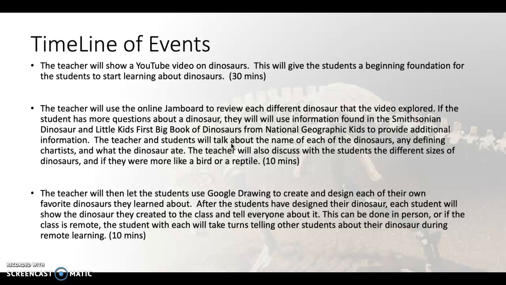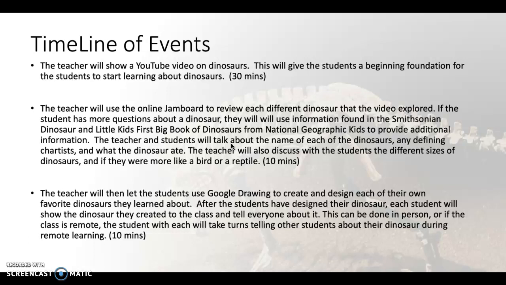And if the teacher actually needed more information, they could research and pull that information from the Smithsonian Dinosaur and the Little Kids First Big Book of Dinosaurs from National Geographic that would provide additional information about what kind of dinosaurs.